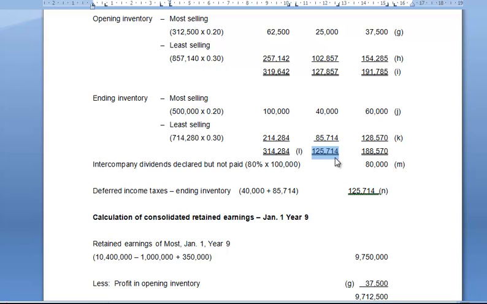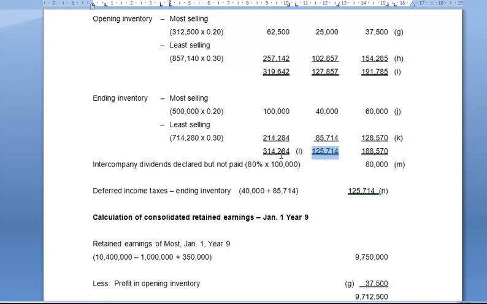Taxes that the consolidated entity can set up as an asset, because from the consolidated perspective, they're saying, well, the two separate entities have paid taxes, but the consolidated entity can't recognize those as taxes on the consolidated statements this year. So to the consolidated entity, it represents prepaid assets, prepaid taxes. So we're going to see that this is a deferred income tax asset.